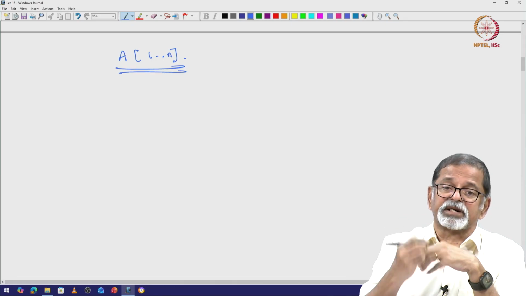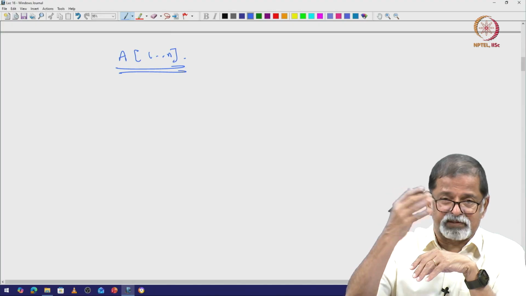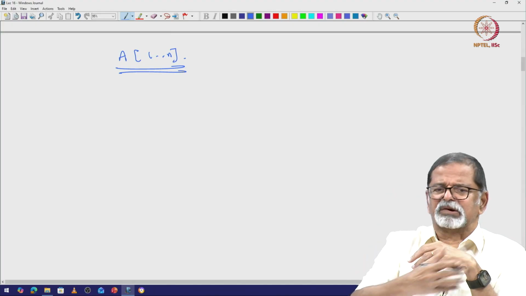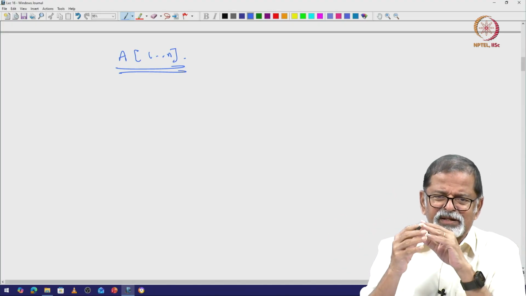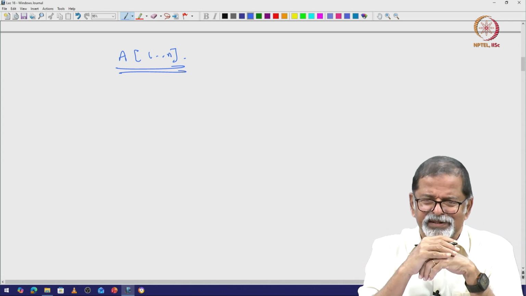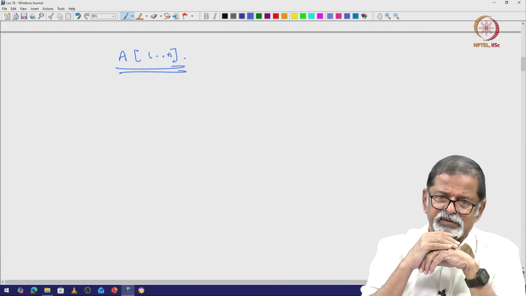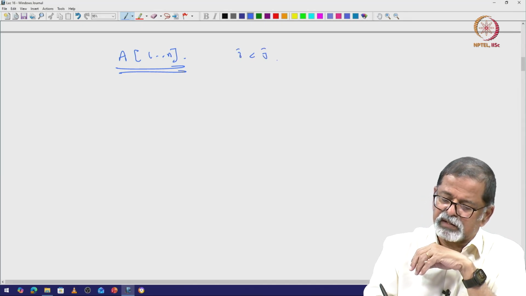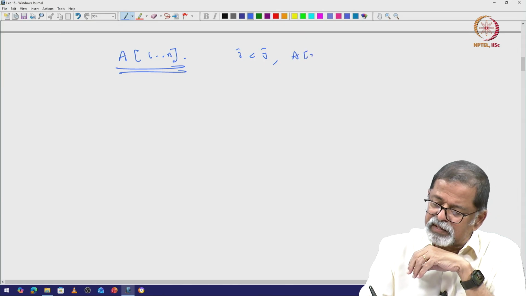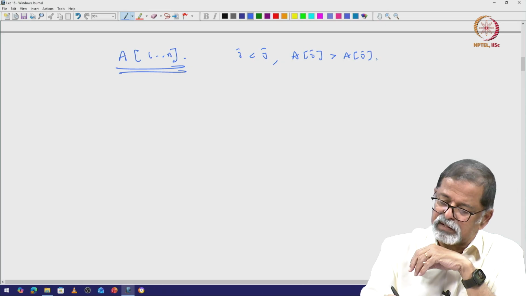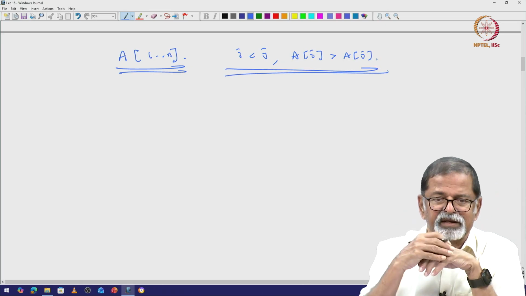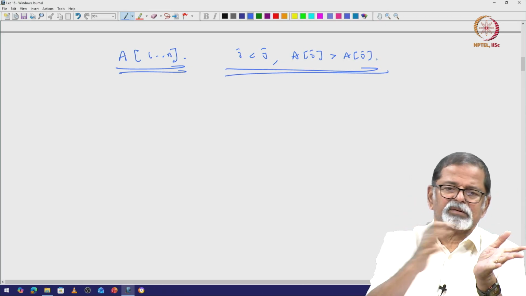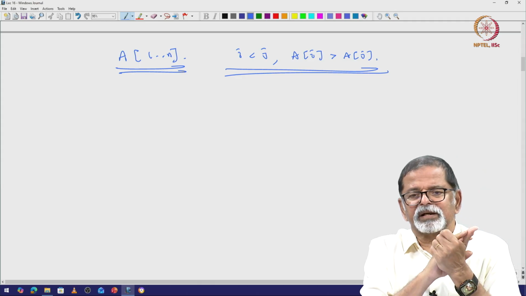How to find the inversion count for this array? Instead of a permutation, you can assume that all numbers are distinct. Okay. You can take any n distinct numbers. For each i less than j, if a i is greater than a j, it defines an inversion pair in the array. In any array, we can define the inversion pair.